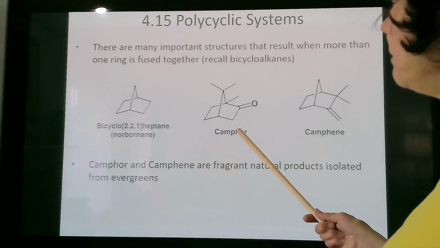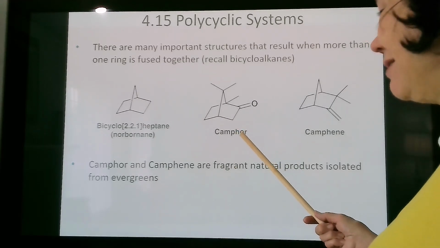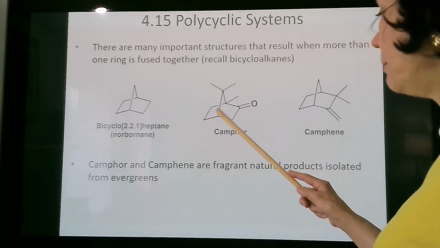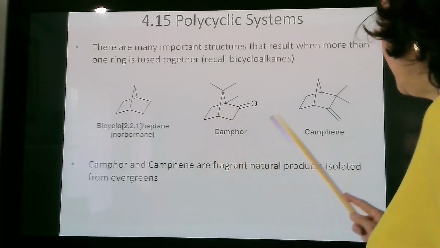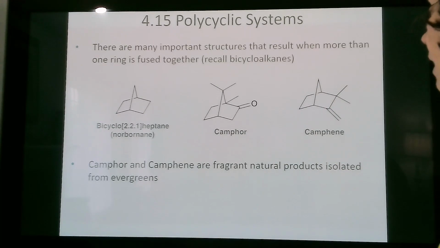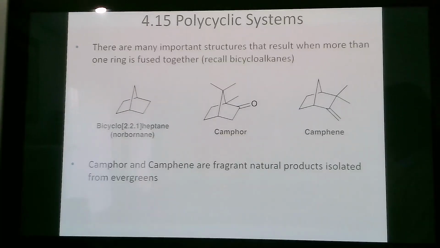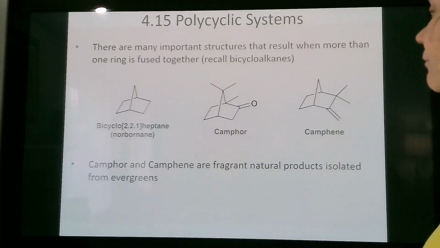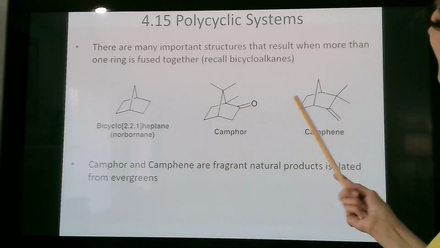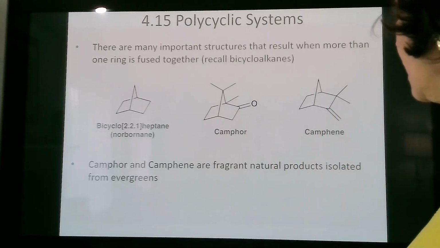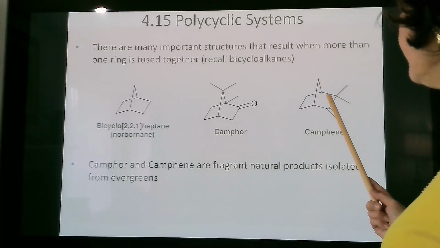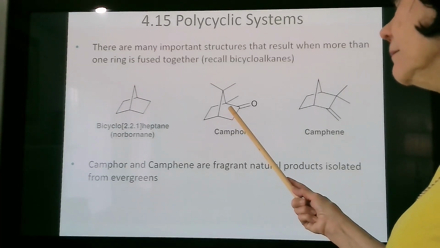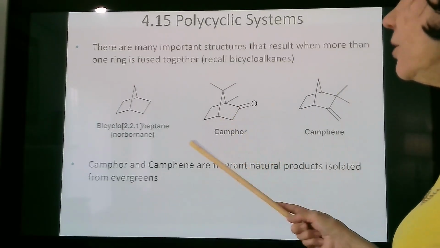We're not going to have that many polycyclic systems. I don't think that you'll ever be tested to know the name of this compound or know the name of that compound. On one of your homework problems, I guess there's a chance you might have to draw one of those, but other than that, I don't think you need to memorize these names.